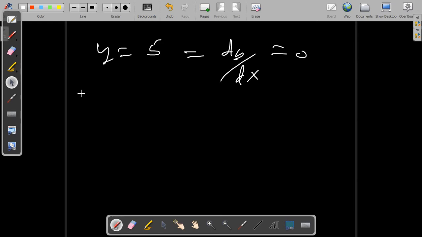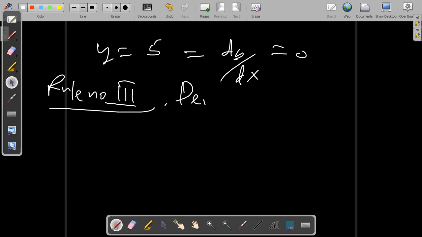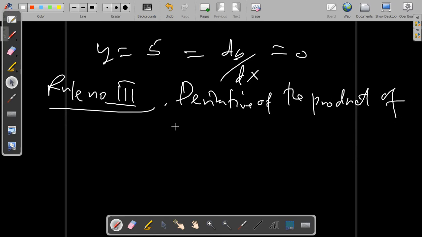Now let's come to rule number 3. Rule number 3 is what we call the derivative of the product of a constant and a function.